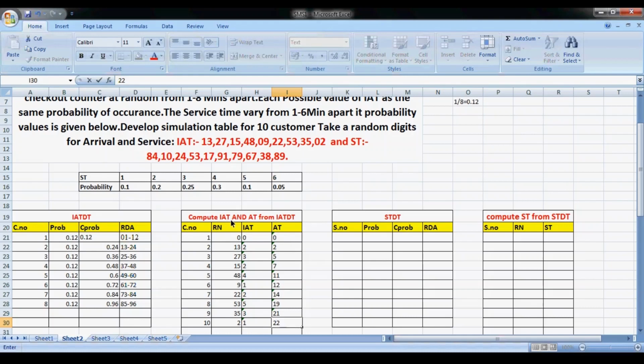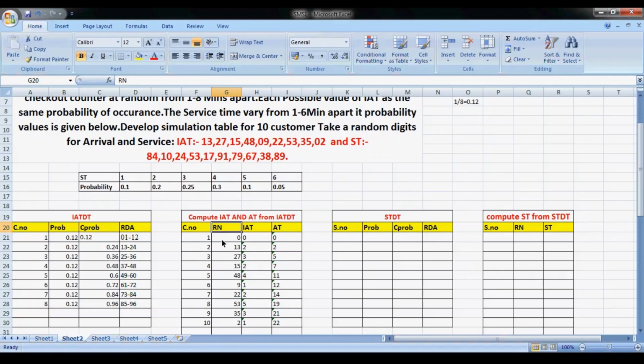Once again I will repeat how to compute the inter-arrival time and arrival time from the inter-arrival time distribution table. What the question said is: develop the simulation table for the 10 customers, and the random digits for arrival and service time are given in the question. So first you write down the customer numbers 1 to 10 because we are developing a simulation table for 10 customers. Next we put the random digit numbers given in the question.